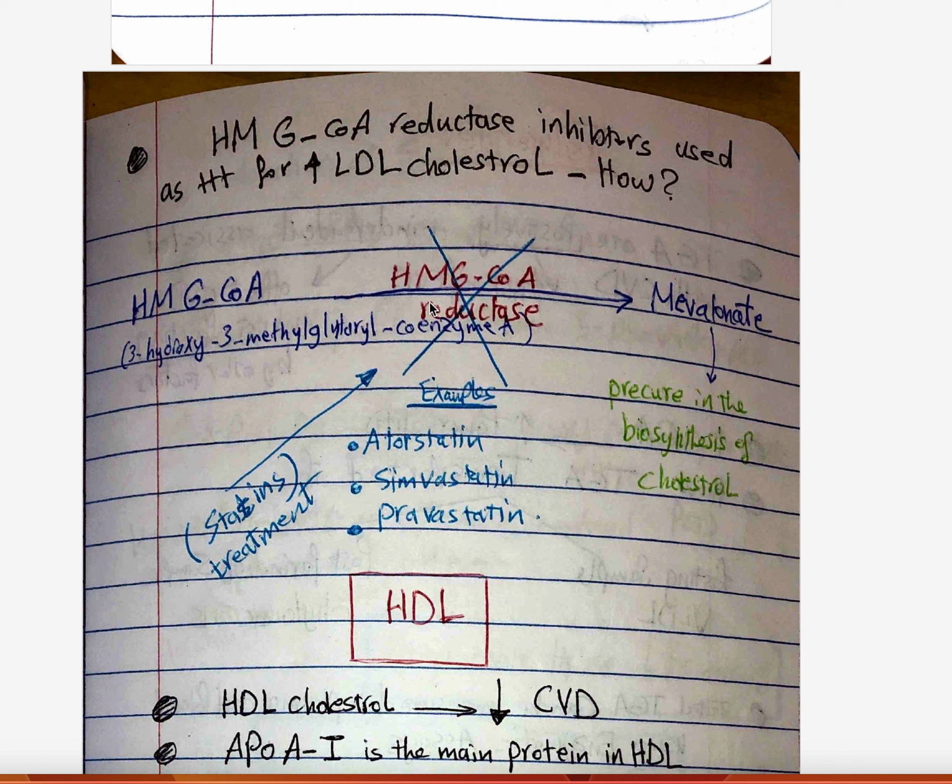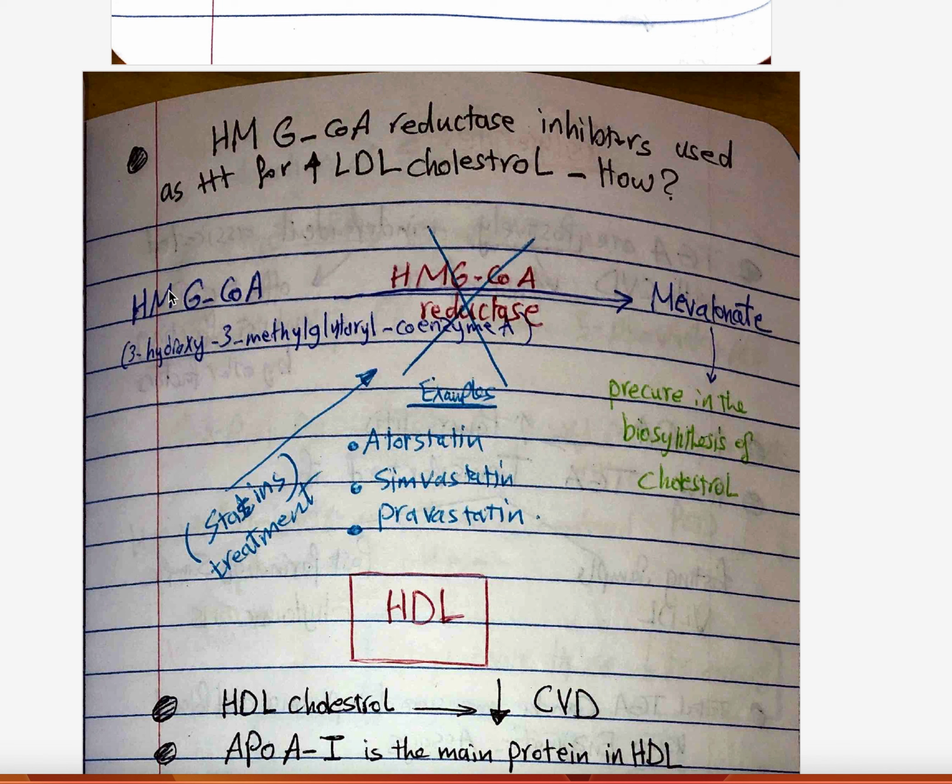As you can see here, we have HMG-CoA, which is 3-hydroxy 3-methyl glutaryl CoA, that means coenzyme A. So let's understand what is happening, to know why that leads to reduced low density lipoprotein cholesterol.